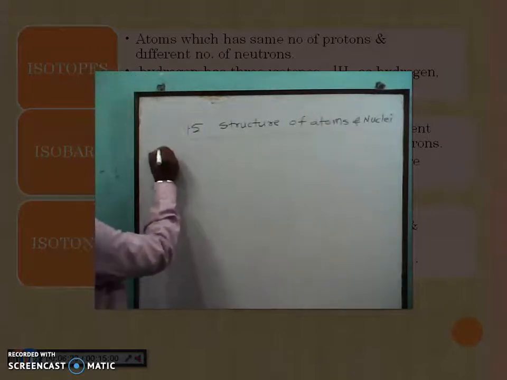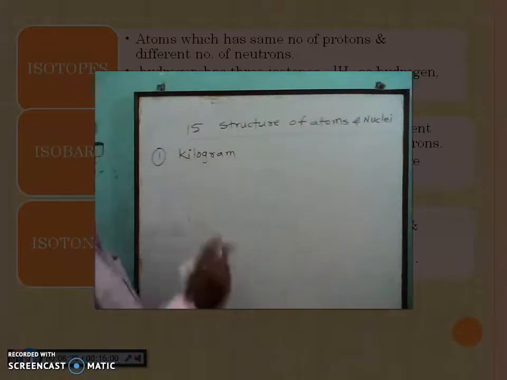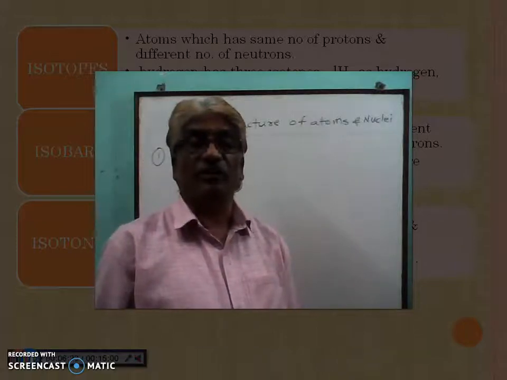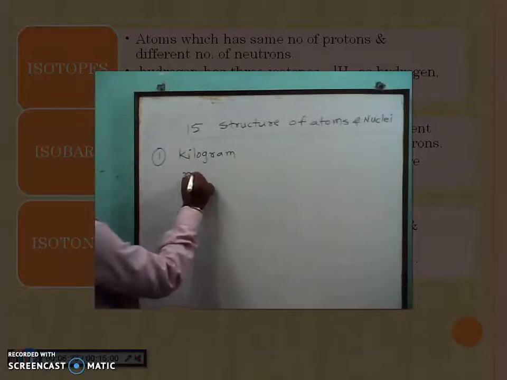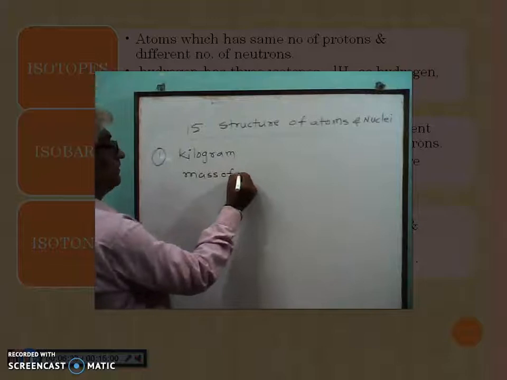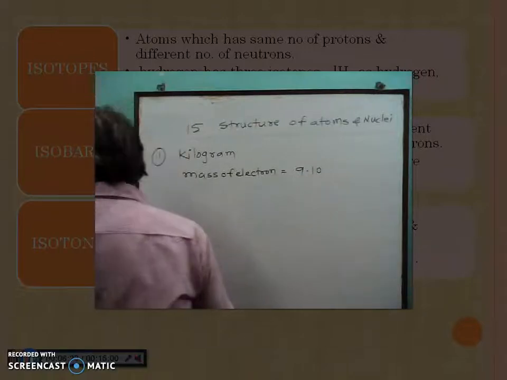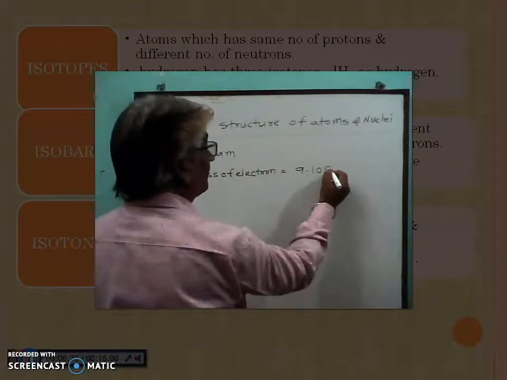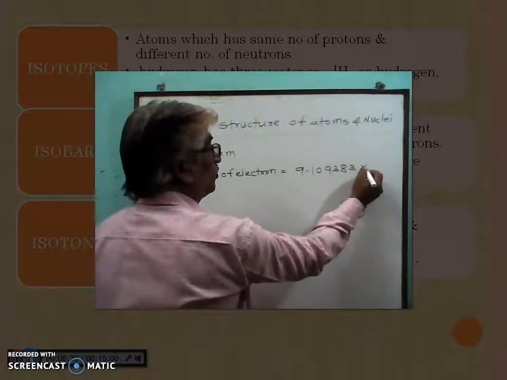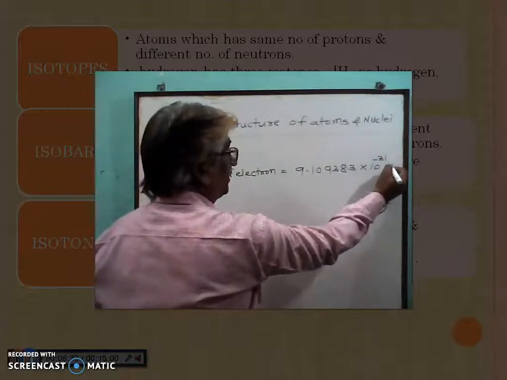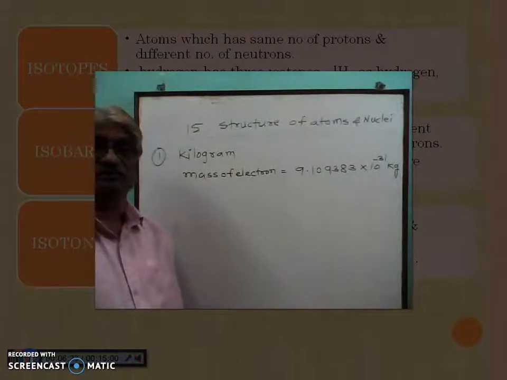Number one unit will be kilogram. The mass of electron is 9.109383 into 10 to the power minus 31 kg.